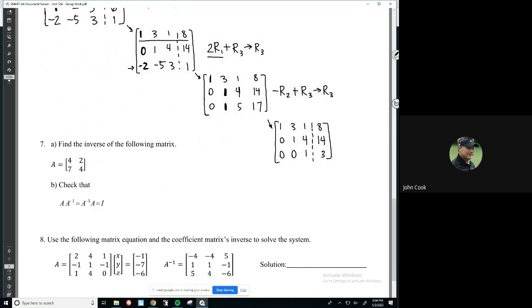So back when we did Gaussian elimination, here's what I would have had. Are you ready? I'd have the following system of equations. x plus 3y plus z equals 8. And then in the second row, I'd have 1y plus 4z is equal to 14.